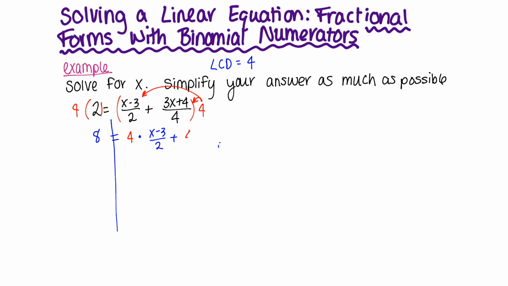It's easier to do this as a pointer, 4 over 2 and then this in parentheses. So I'll show you how that looks. I have 4 over 2 times x minus 3. This is the same thing as 4 times x minus 3 over 2. You're just grouping these together instead.